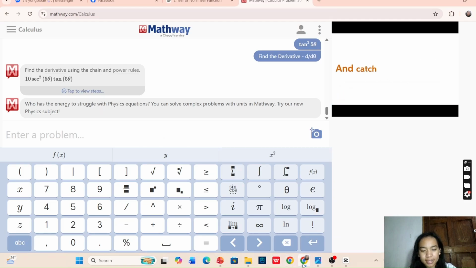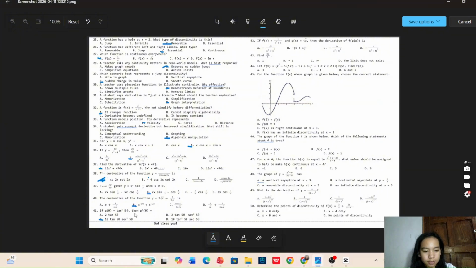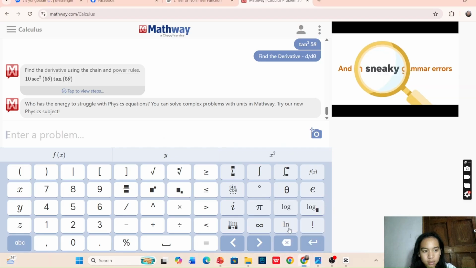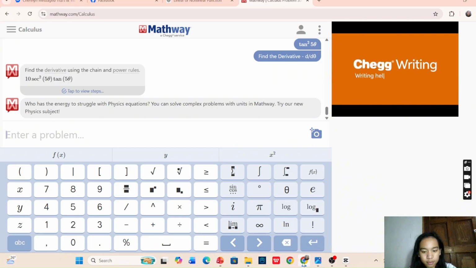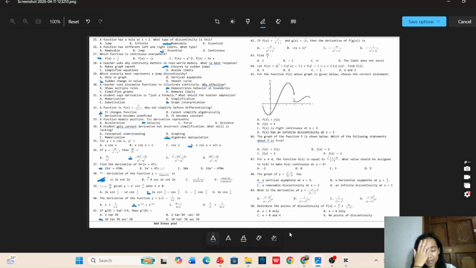Tan 5 theta, yes it is. They're just the same. It's just that in this case, tan 5 theta is the preceding one. So therefore, the correct answer for number 41 is letter C by applying the chain rule.